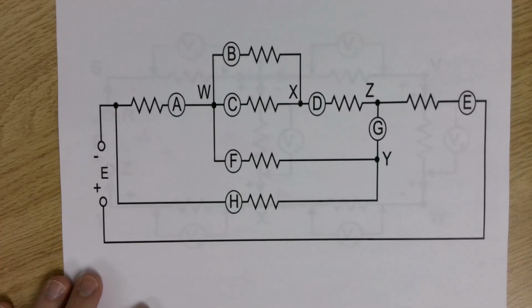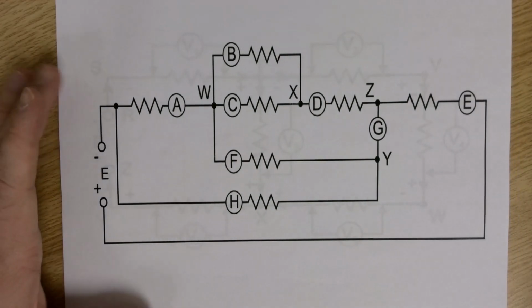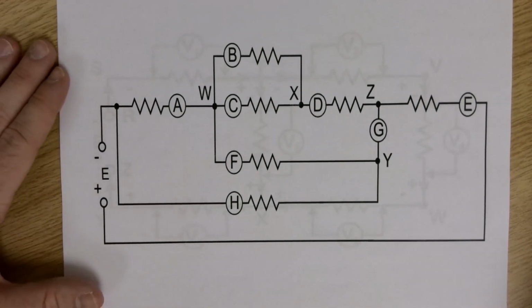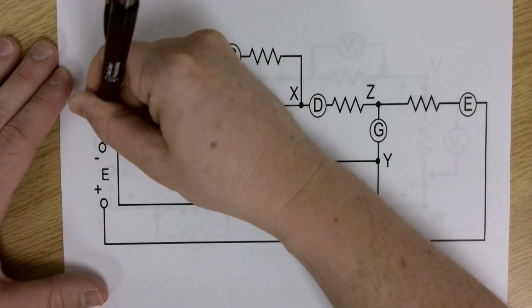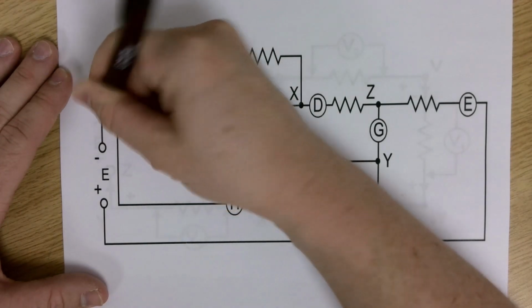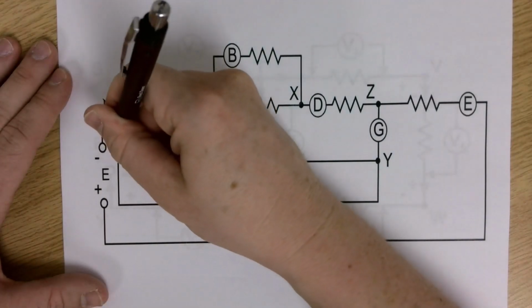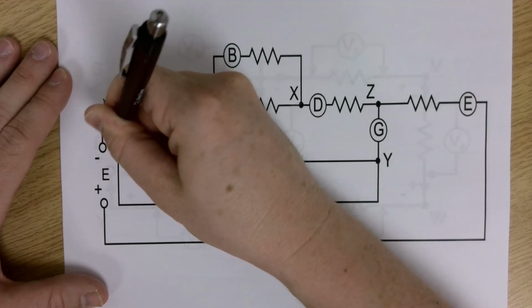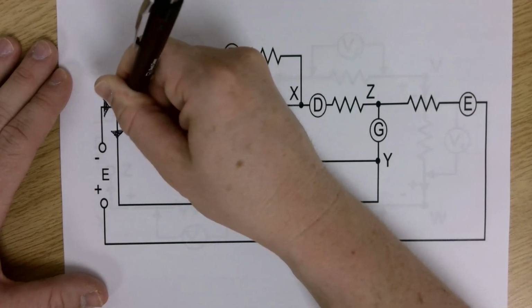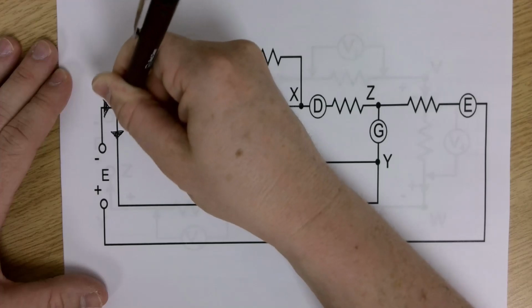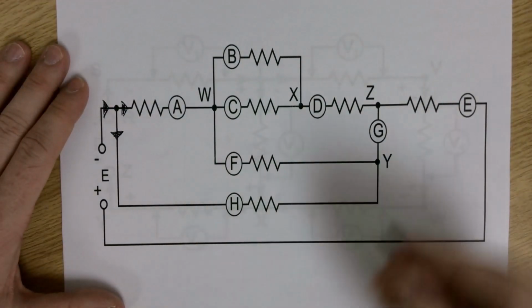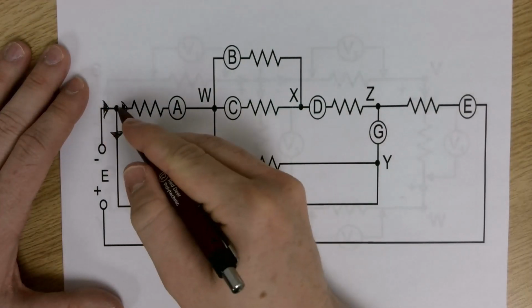Now, as we start to talk about current and what's the value of current at specific areas, we're going to start to draw current arrows everywhere. You're going to hear me say current arrows probably a few more times within this lecture. So we see that the current comes to this node.